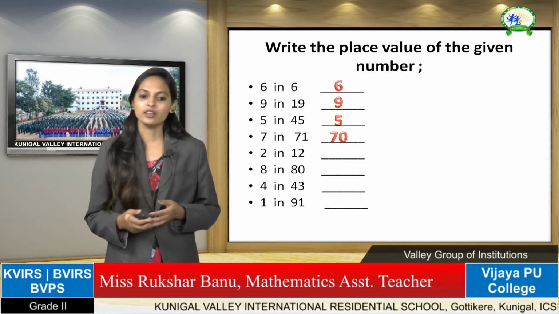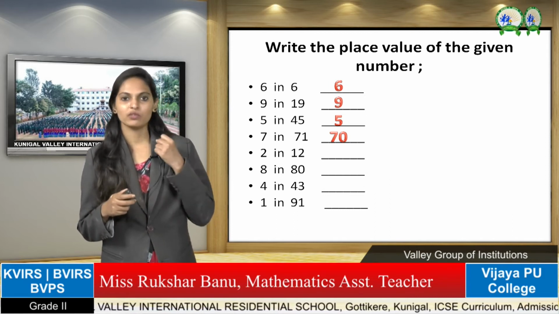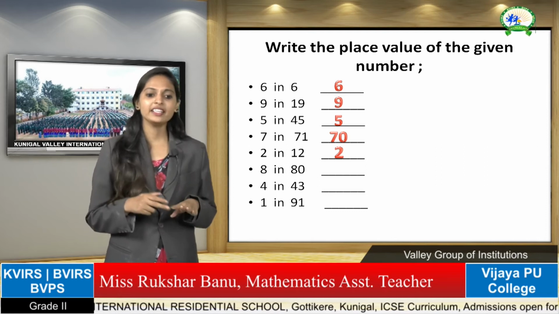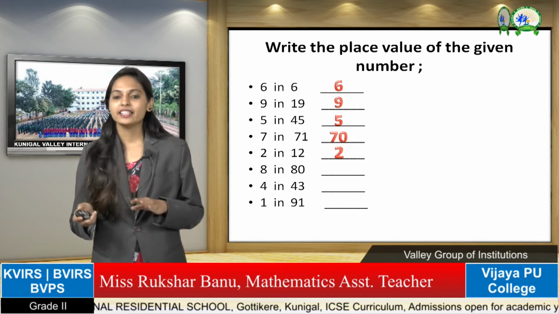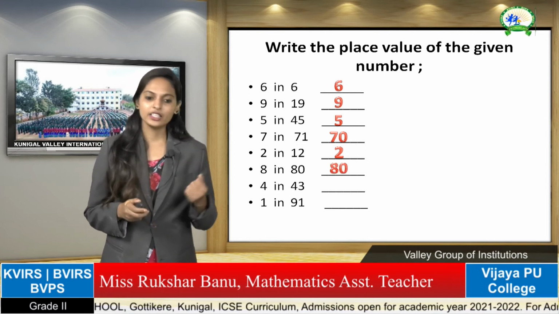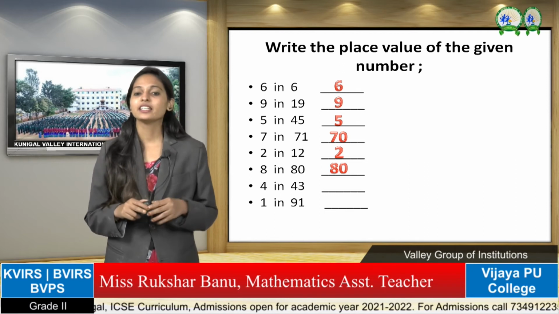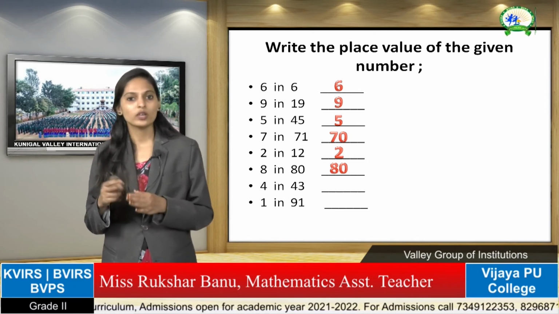Next, 2 in 12. In 12, 2 is at 1's place, so here the place value will be 2. 8 in 80. In 80, 8 is at 10's place, not 1's place. So 10's place means 80 you have to write. 4 in 43. In 43, 4 is at 10's place and 3 is at 1's place.